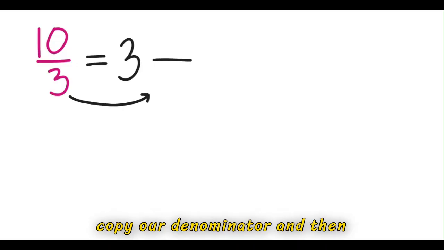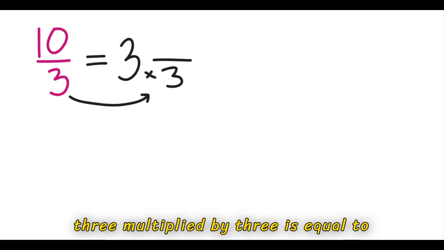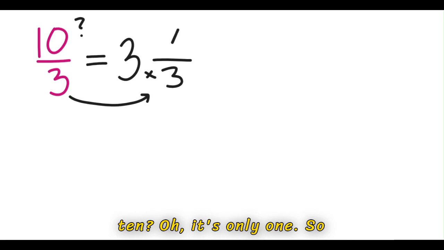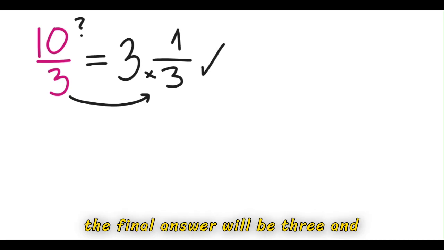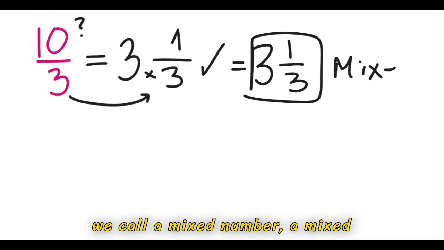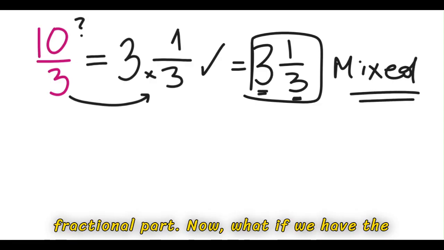We have to copy our denominator, and then 3 multiplied by 3 is equal to 9. How much more do I need to reach 10? Oh, it's only 1. So the final answer will be 3 and 1 over 3. This, what we see, is what we call a mixed number. A mixed number has a whole number and a fractional part.